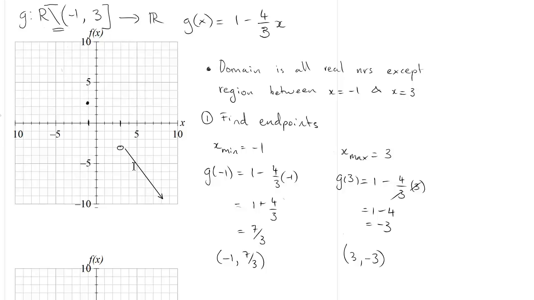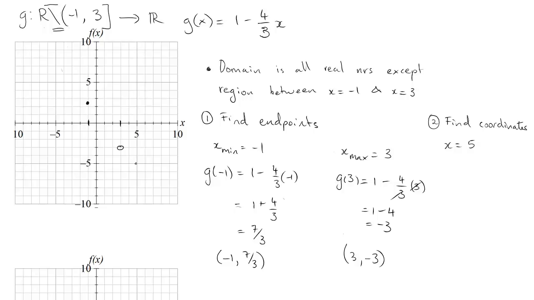And so in order for us to find a more accurate sketch, once again, there's no point in finding the intercepts. We have to find two more coordinates. So what we do, I'm going to choose possibly an x value of, say, 5.